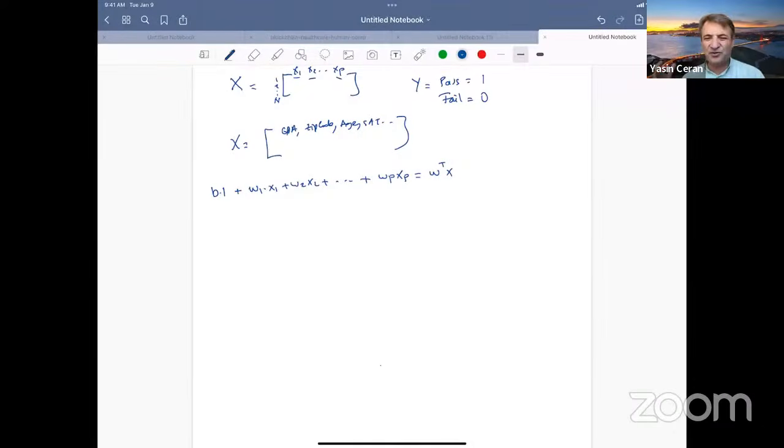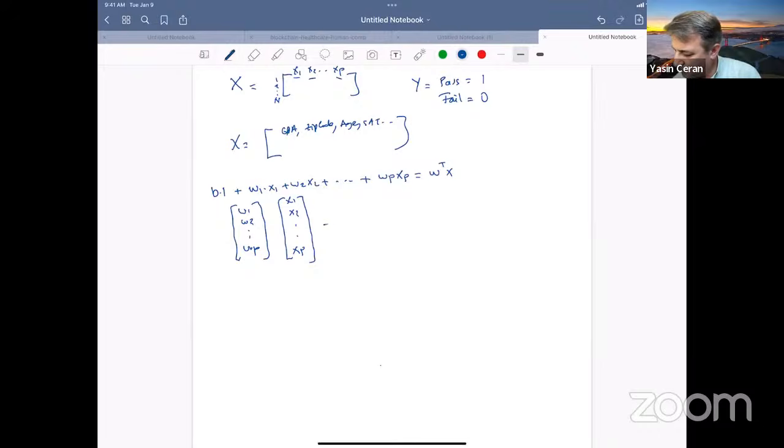So what is this W transpose? Suddenly transpose comes into the picture. If I want to write this as an inner product of two vectors, say W1, W2, up to Wp as a column vector, and X1, X2, up to Xp as another column vector, then W times X is not going to work.